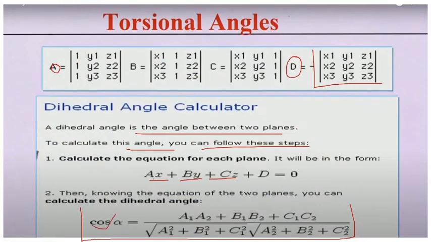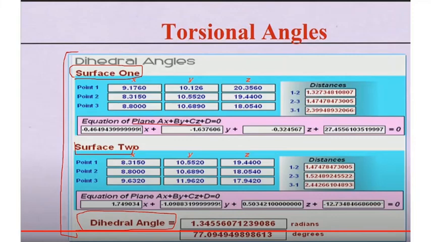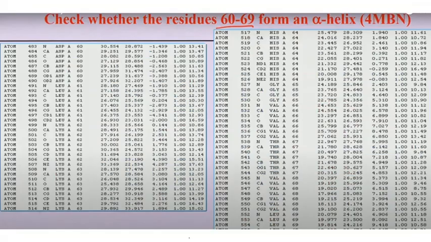This is cos alpha. If we depict the equation, we will get the actual degree and radian. So this is 77 degrees if positively tilted, meaning the dihedral angle is turned clockwise. Suppose this amino acid has the name 4-MBN. This is the data of that amino acid, and here are the x-axis, y-axis, and z-axis, and there is the angle formed.